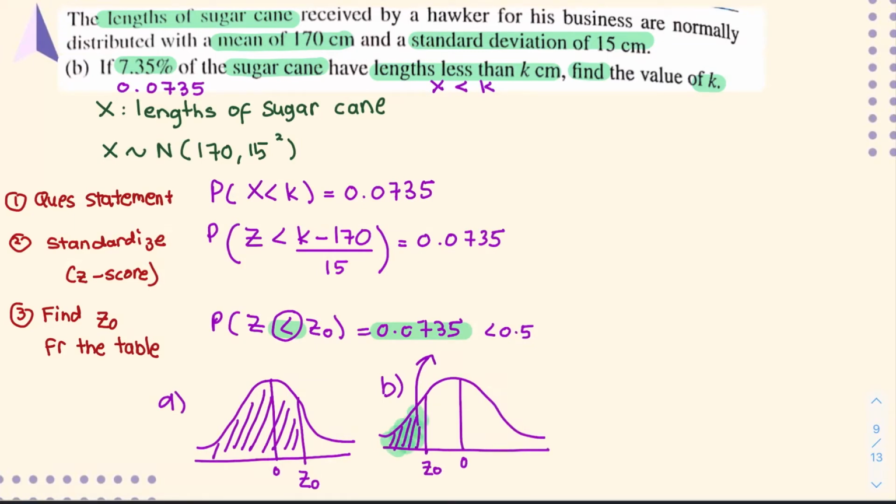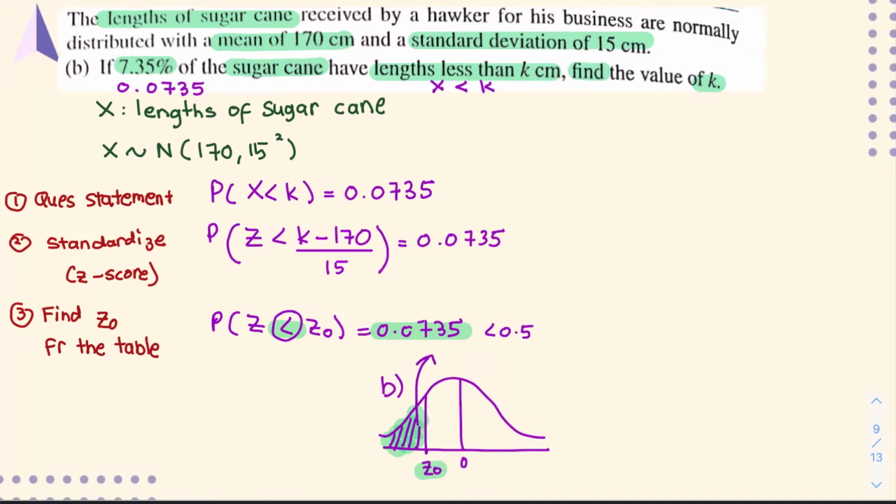The area is much smaller than 0.5, because the half of the region less than 0 already takes the area of 0.5. So if you add up the middle part, for sure it is going to be more than 0.5. So this is not possible, and you have to discard this particular region. Your true region would be your z having a negative value.